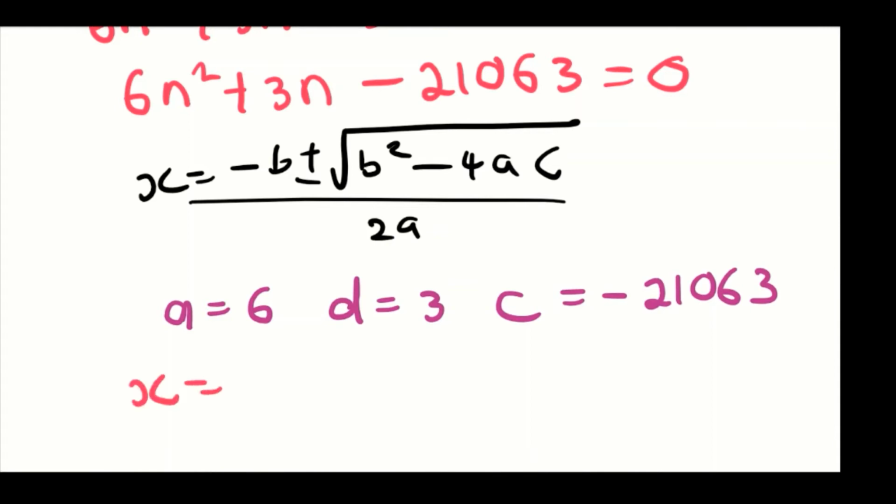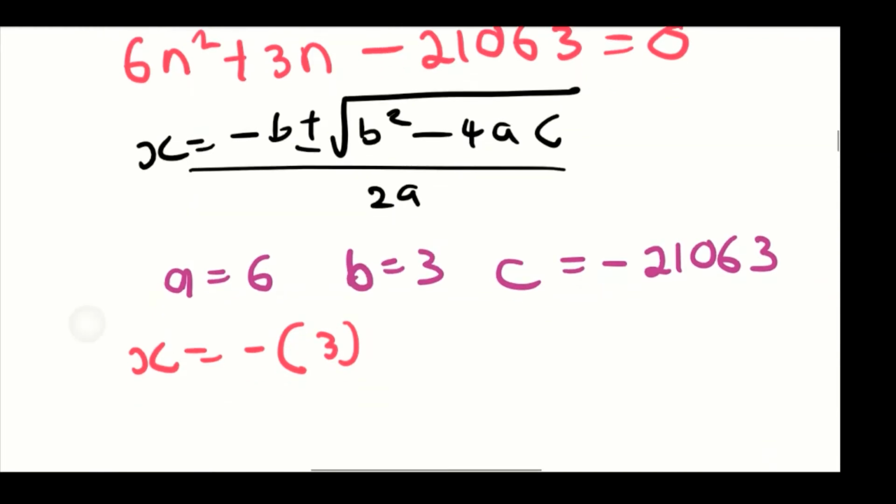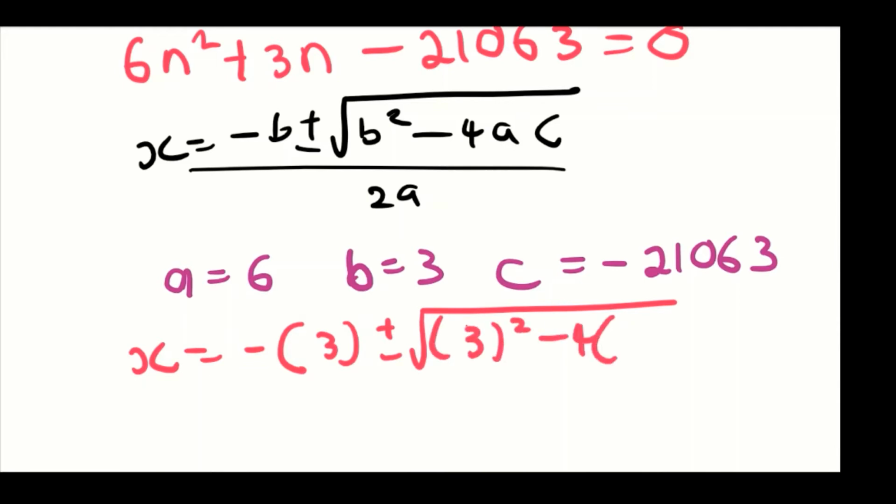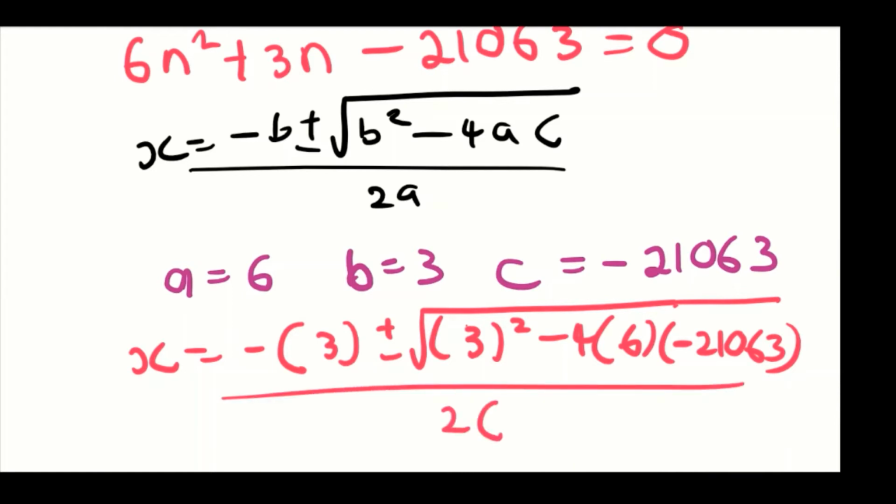So it's going to be x being equal to minus b, and our b is 3, and then plus or minus the root of 3 squared minus 4, our a value is 6, and our c value is minus 21063, close brackets. Then we divide by 2 into our a, which is 6.